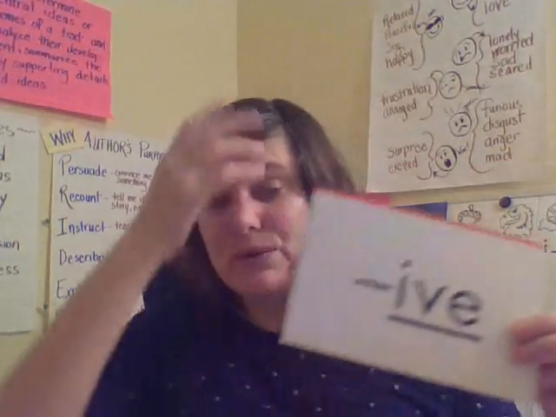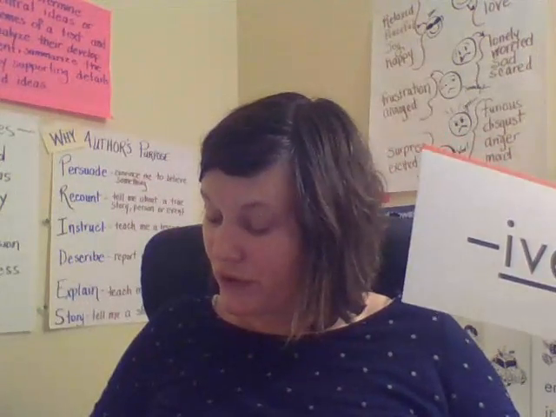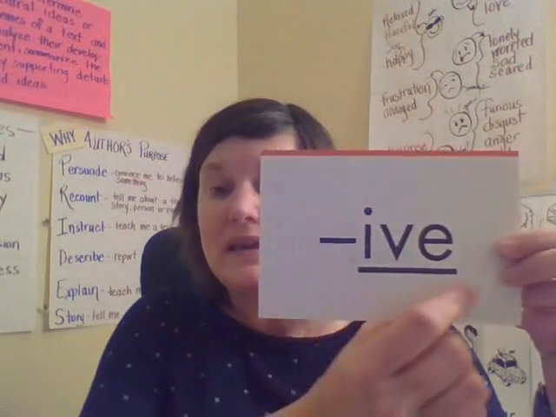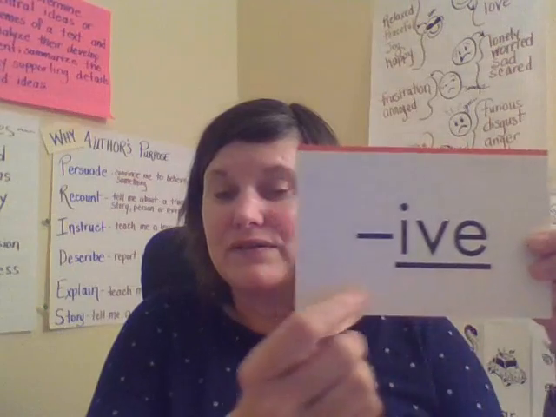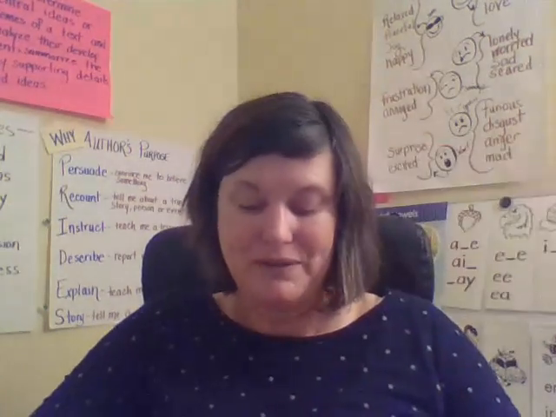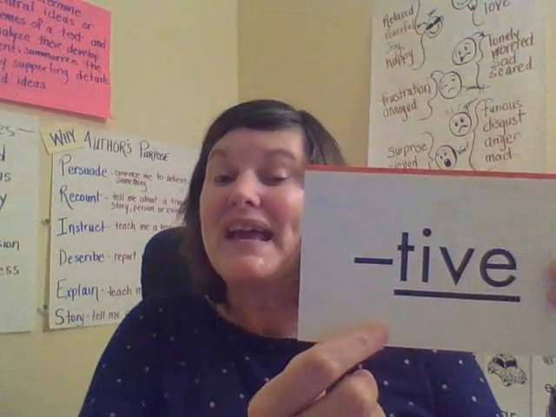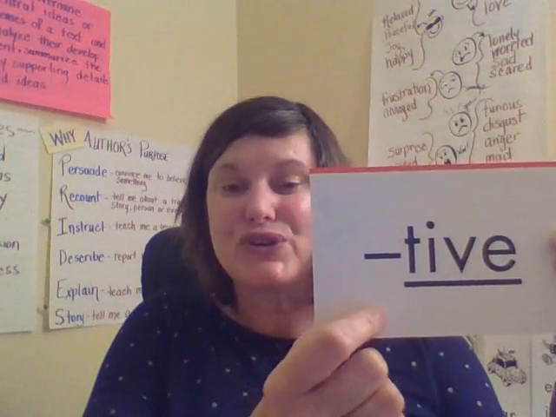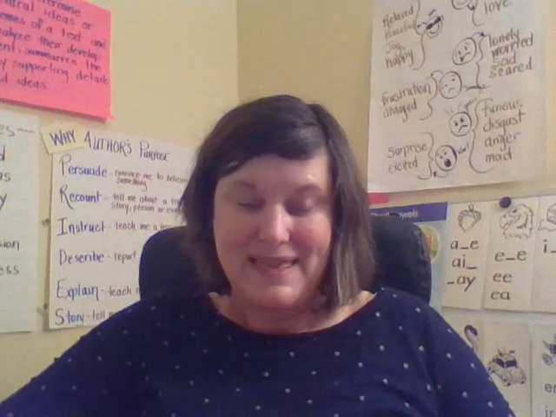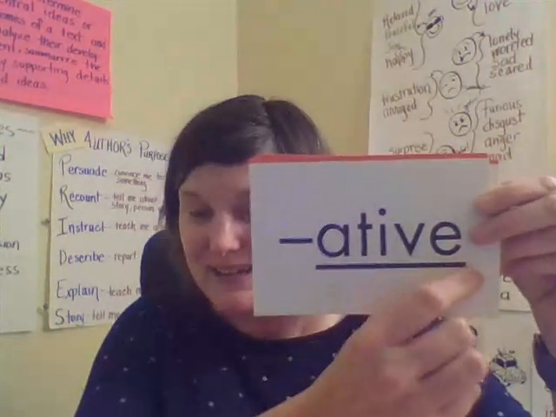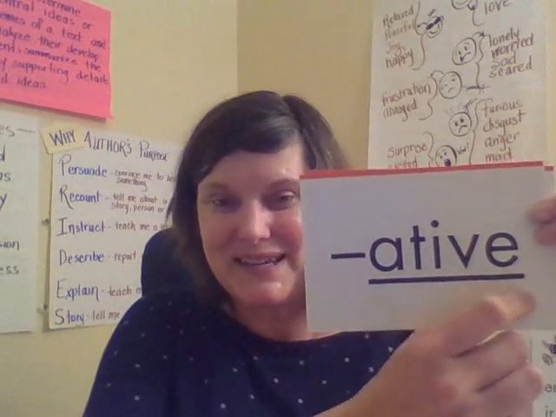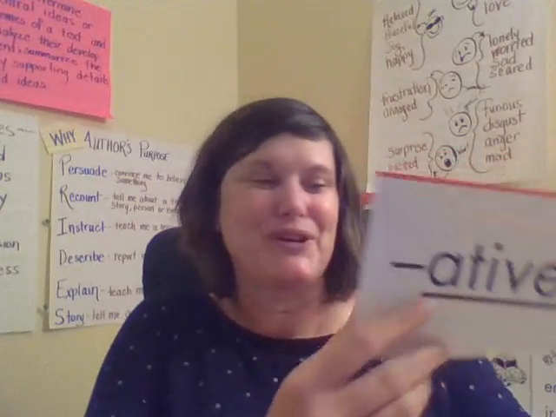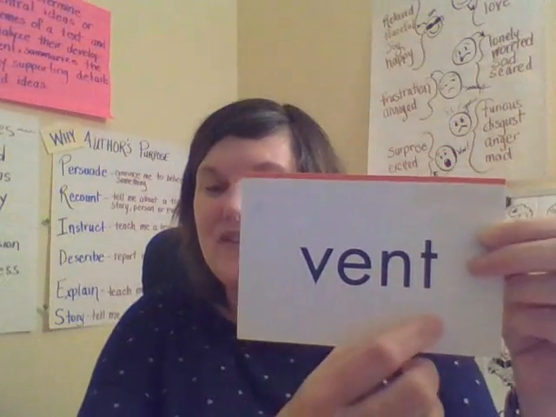Okay, now we're going to review the sight syllables that we have learned previously. If. Together, if. Your turn. Good. And this one is tiv. Together, tiv. Your turn. This one is ativ. Together, ativ. Your turn. Good. Vent.